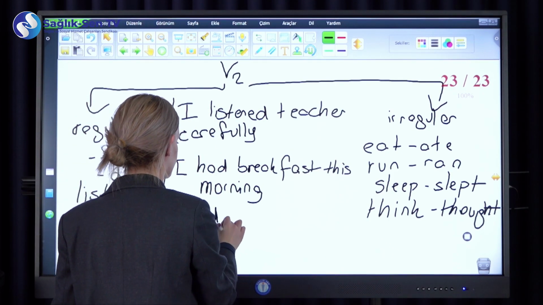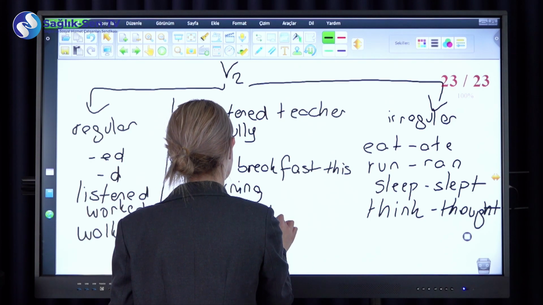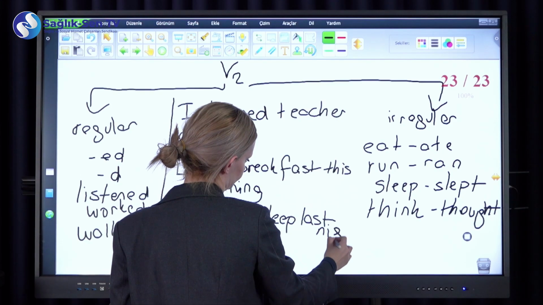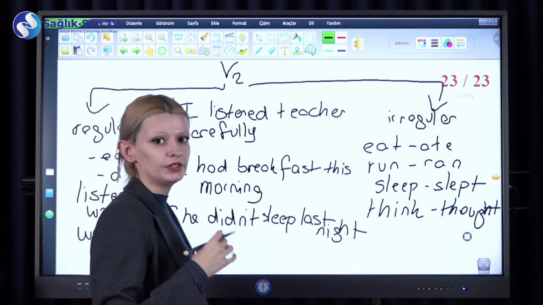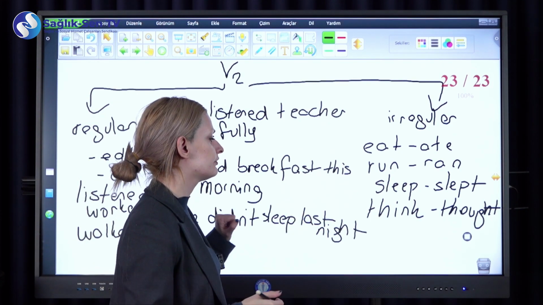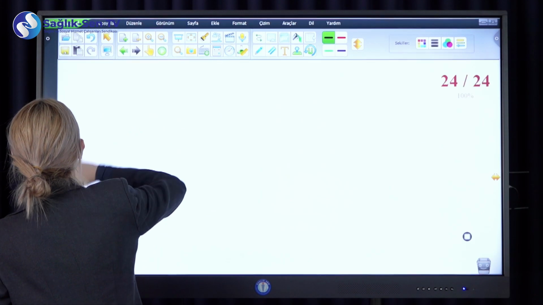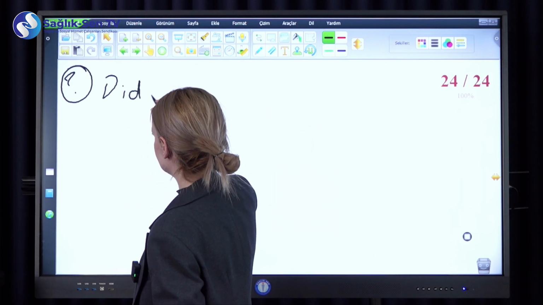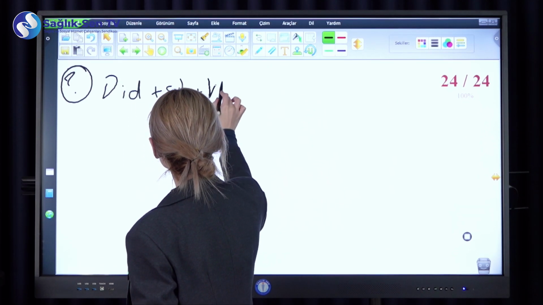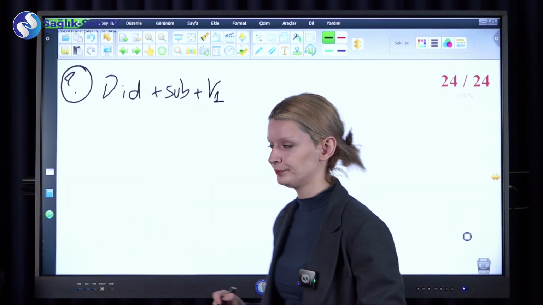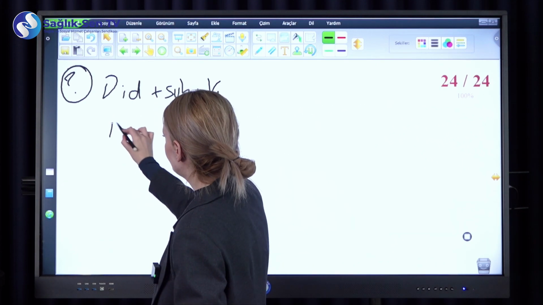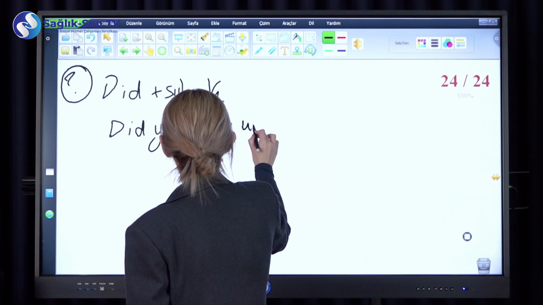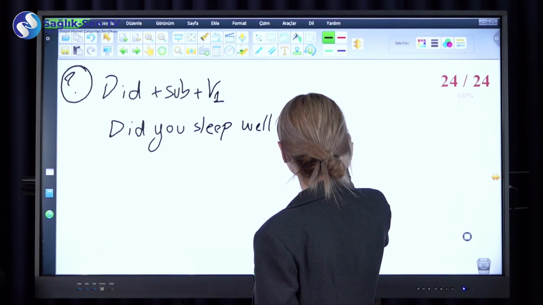She didn't sleep last night. The verb 2 form is only necessary in positive affirmative sentences. How do I make the question form? Did, subject, and verb 1. Did you sleep well last night?